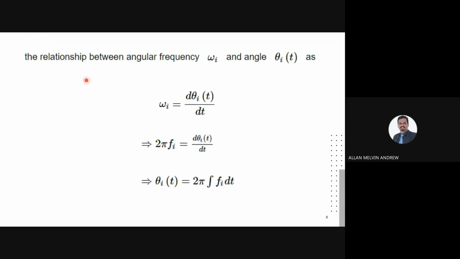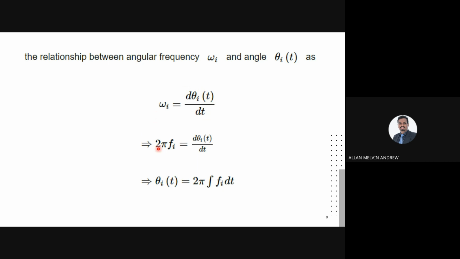In relationship with angular frequency, you are dealing with angular frequency. All these are derivations, so we are not going to derive. We just want to use the final formula, but just for your understanding, it's related to the angle. Omega equals the change in the angle over time.